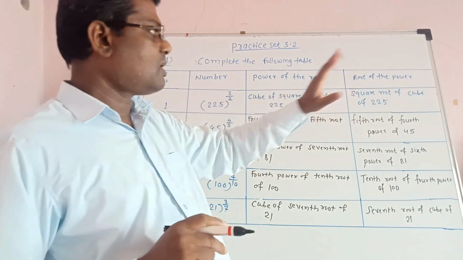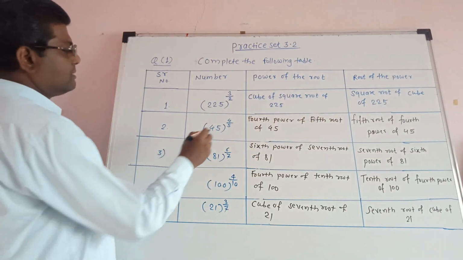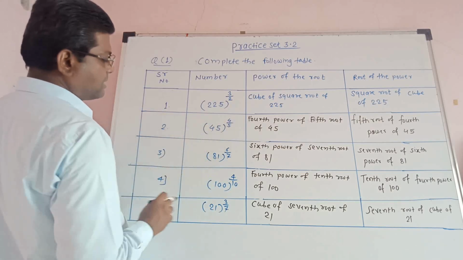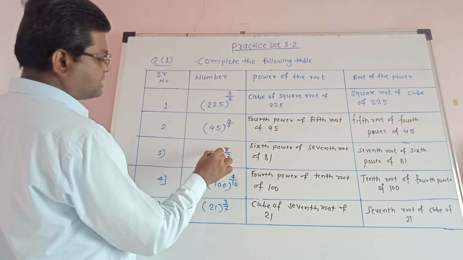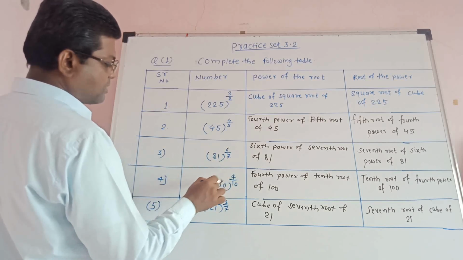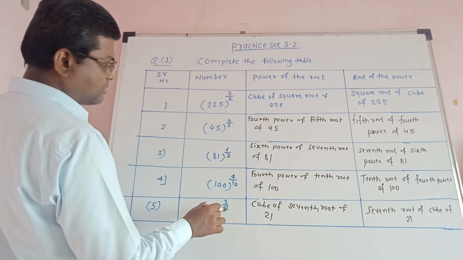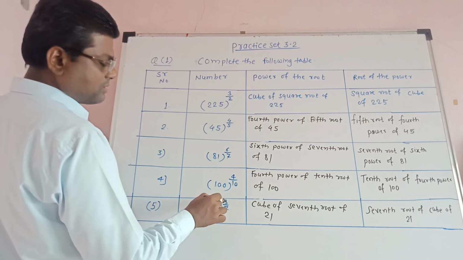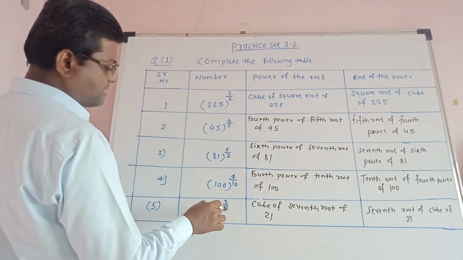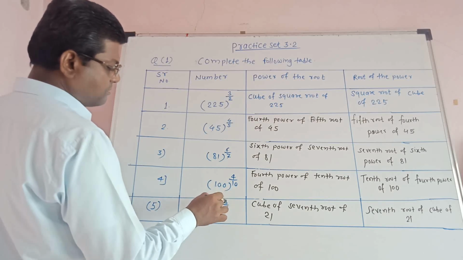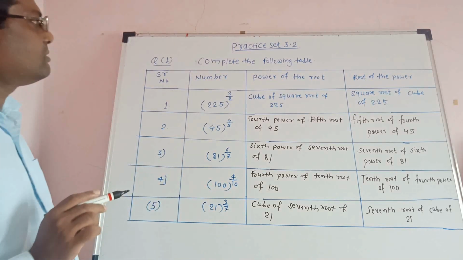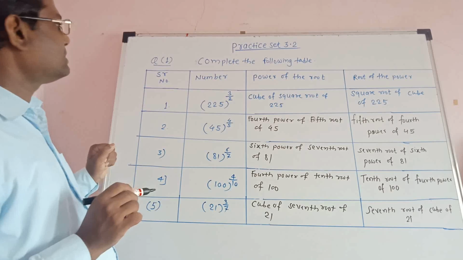Now let us see fifth root of fourth power of 45. Seventh root of sixth power of 81. Tenth root of fourth power of 100. Seventh root of third power. Third power means cube. That is seventh root of cube of 21. In this way, we have completed question number 1.